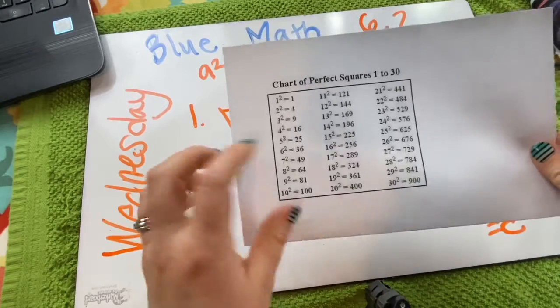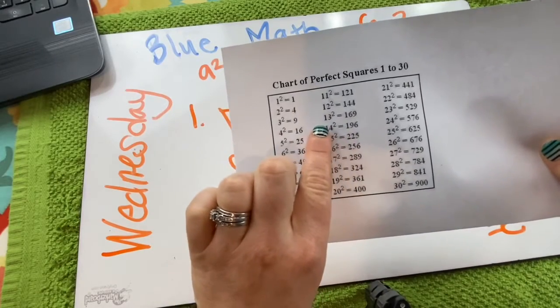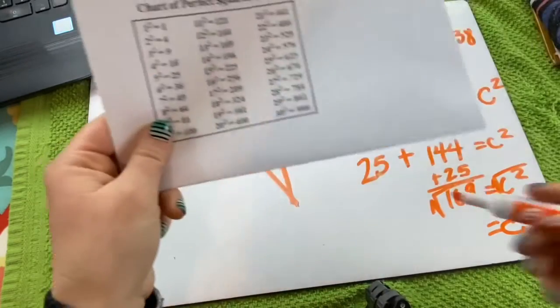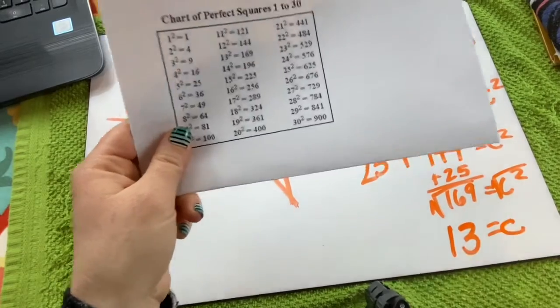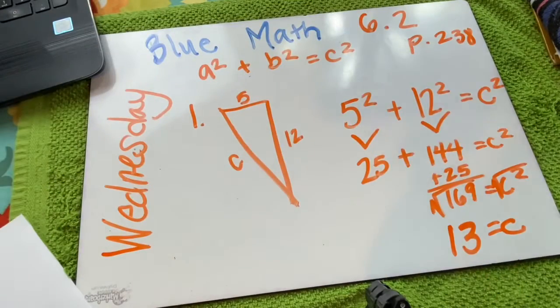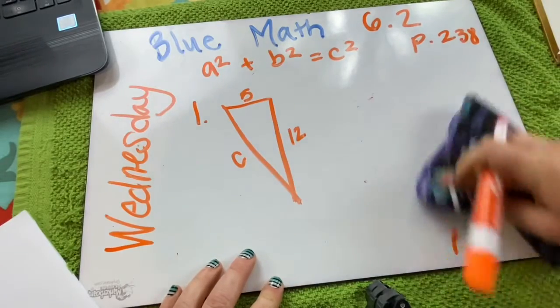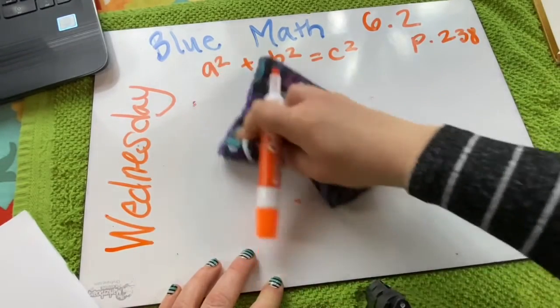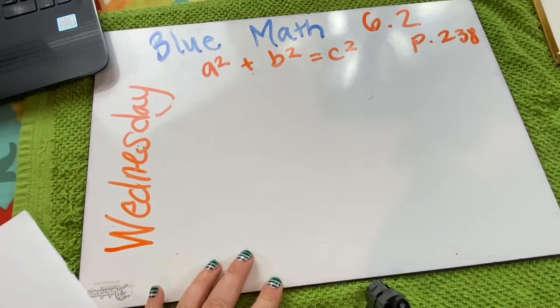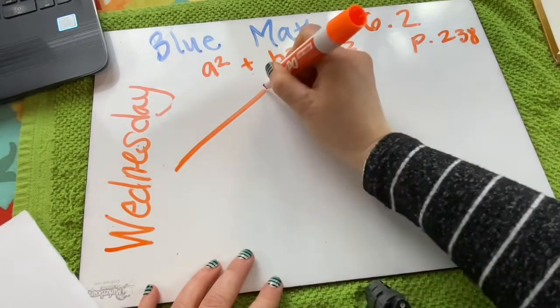Okay, so I have my cheater sheet and I go to 169 is 13. So this is 13. Does that make sense? Okay, so let's do another one like that. That was not number one for your work today.